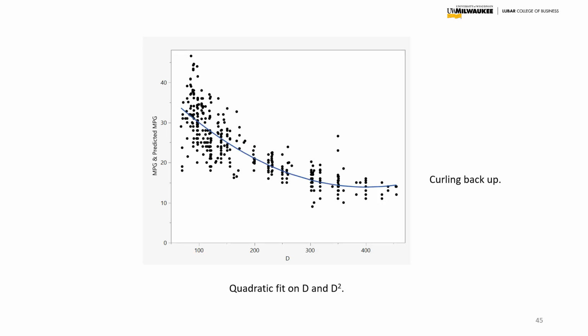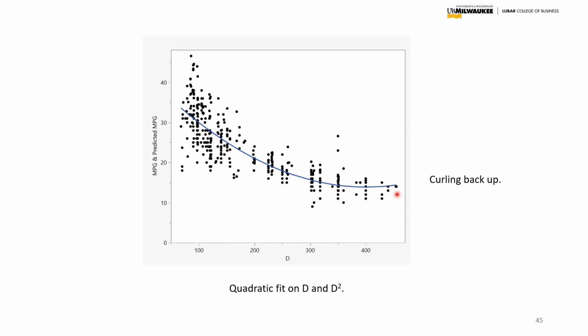Given the curvature in the scatter plot, I fit the data with a quadratic model. In particular, I created a d squared term and ran a multiple regression on d and d squared. Here is a superimposing of the predicted values on the scatter plot.